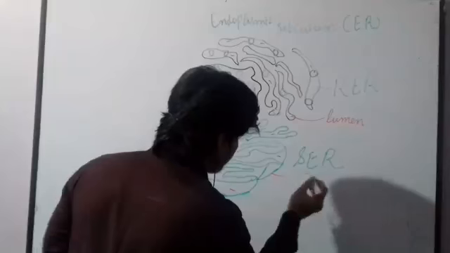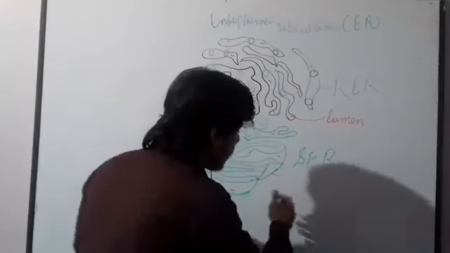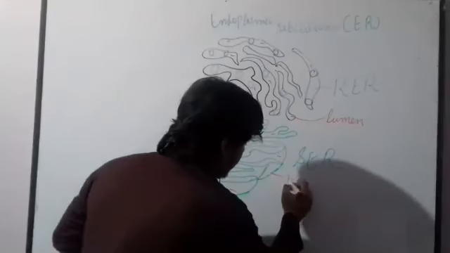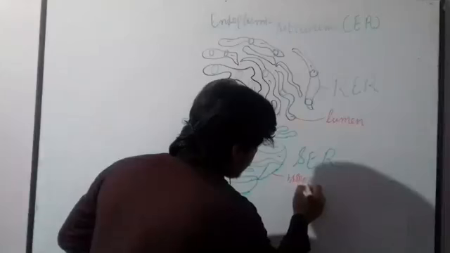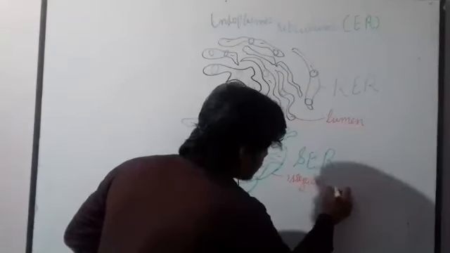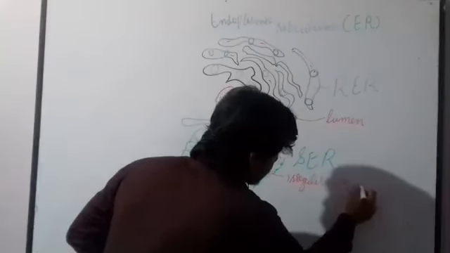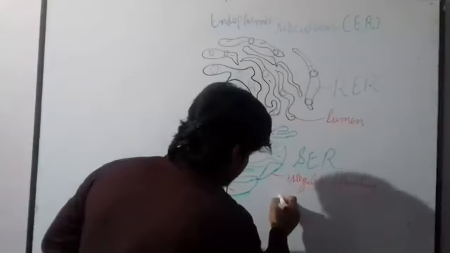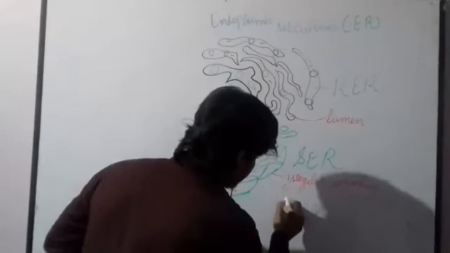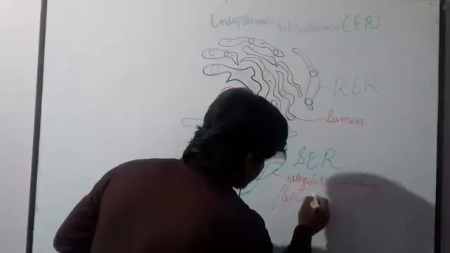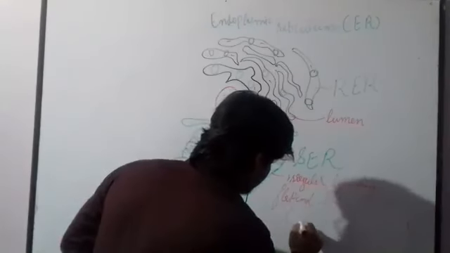These are the irregular membrane, or flattened. Now these are the irregular branching, or flattened sacs, or we can also say cisternae.